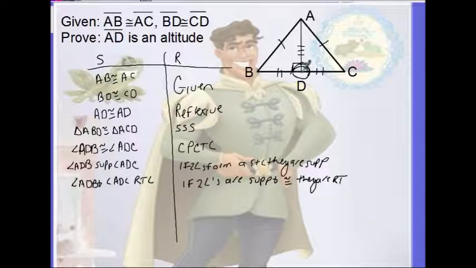Now, if we have right angles formed, we can automatically skip right into our altitude. We can say that AD is an altitude.